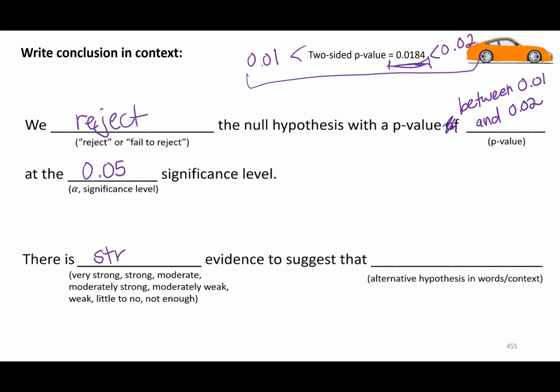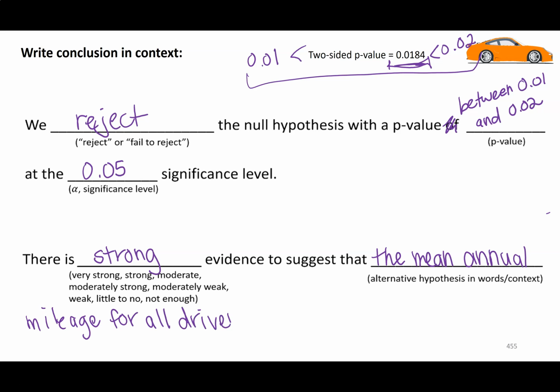So there's strong evidence that, now I have to say the alternative hypothesis in words, that the mean or average annual mileage for all drivers of this car, because you want to include your population in there, and then the actual alternative part, is different than 12,000 miles.